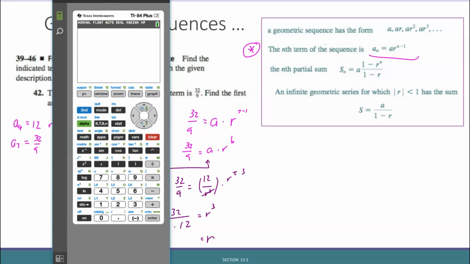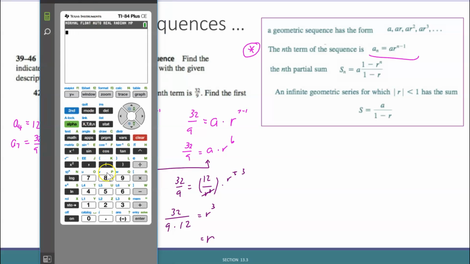If I want to know R, all I have to do is cube root both sides. Let's go directly to the math menu. Option number 4 is the cube root. We're going to cube root 32 divided by 9 times 12. Let's try that again, that doesn't look right. Math menu, cube root.